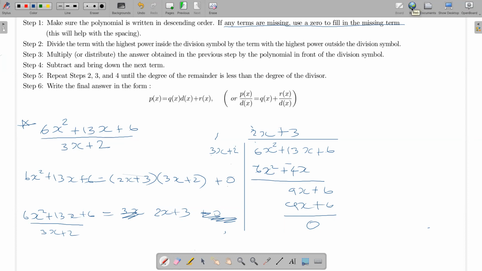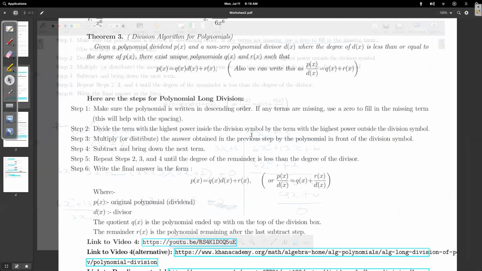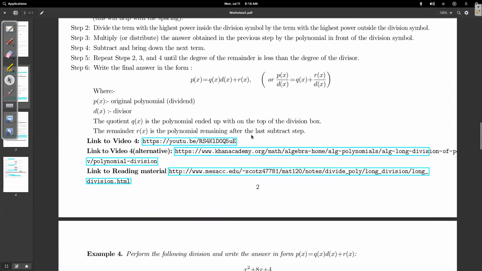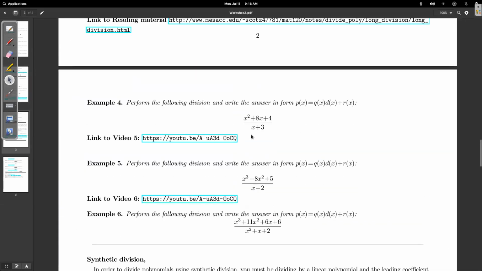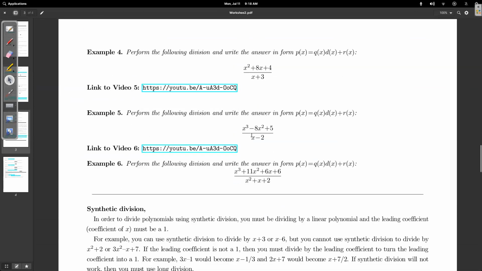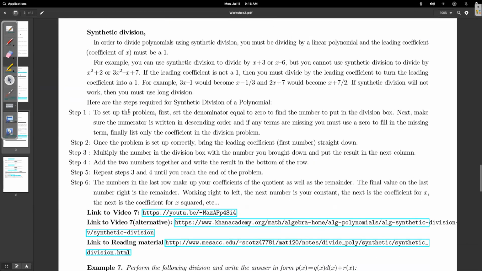Now we move on to a shortcut method. Okay, this is synthetic division.